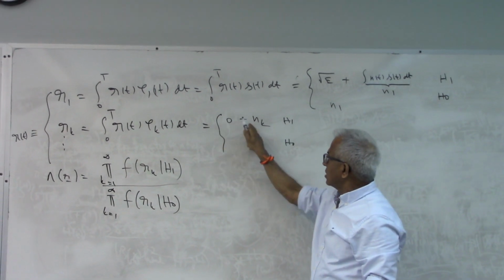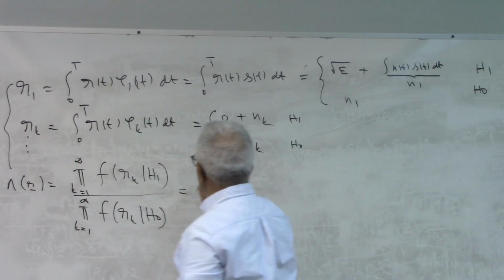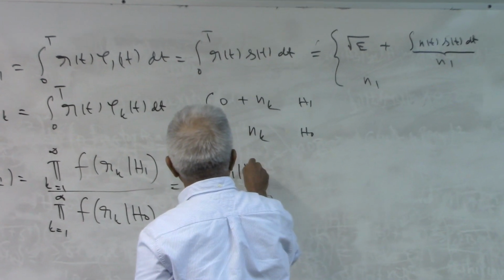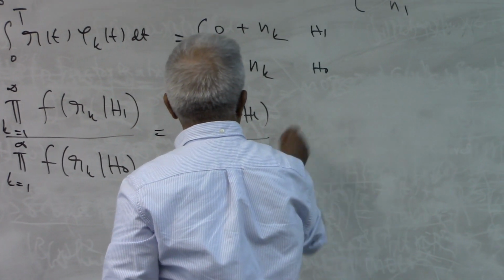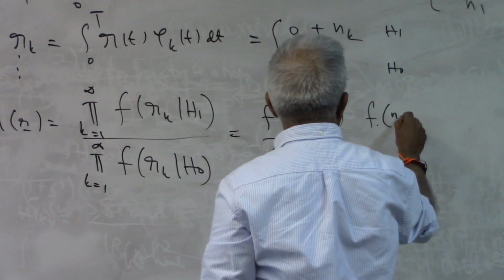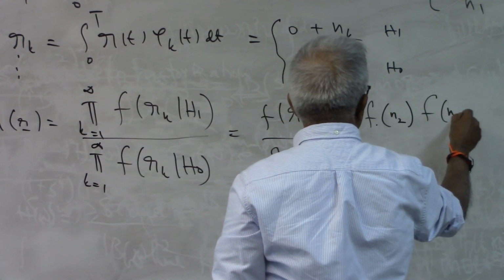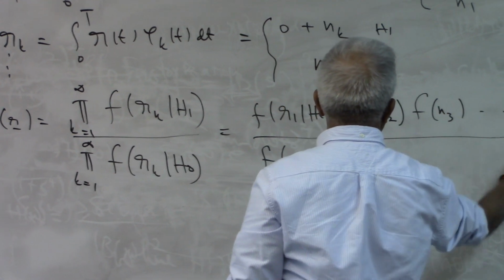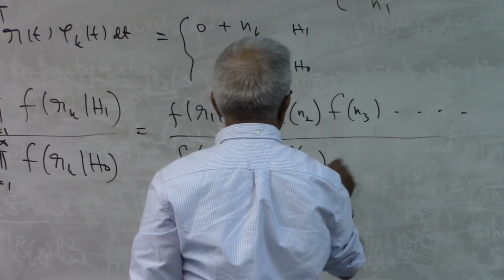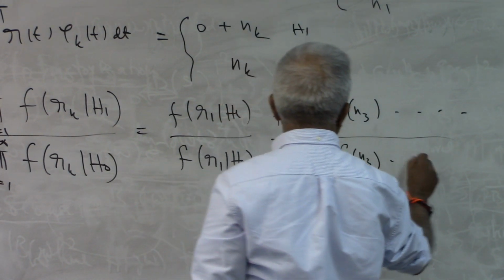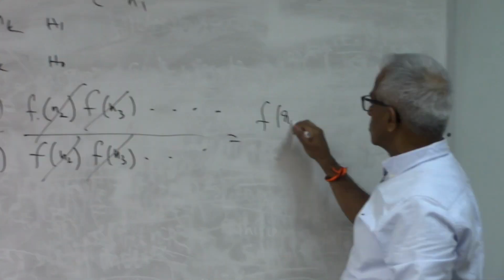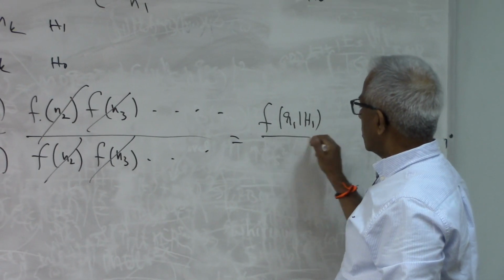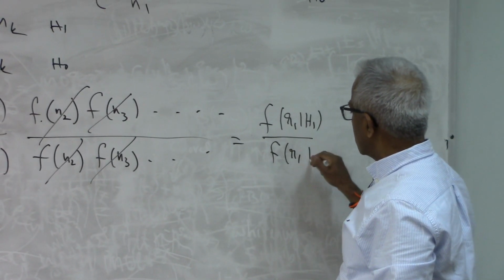All the other Rk's are exactly the same. So you can write this as f of R1 under H1 over f of R1 under H0. But from here onwards, this is going to be f of N2, f of N3, etc., all the way to infinity. This also has f of N2, f of N3, etc. This is not a finite series, but for each term you can cancel another term. So this only comes out to be f of R1 under H1 over f of R1 under H0.